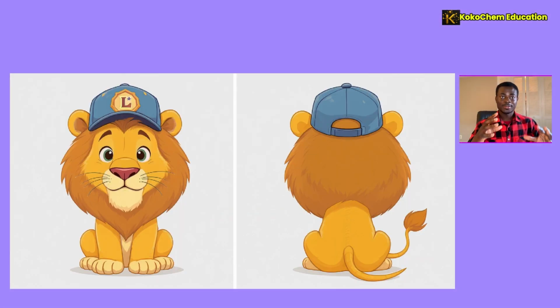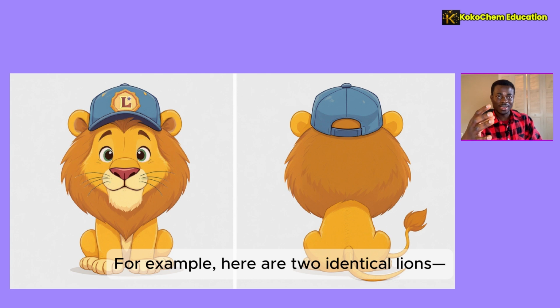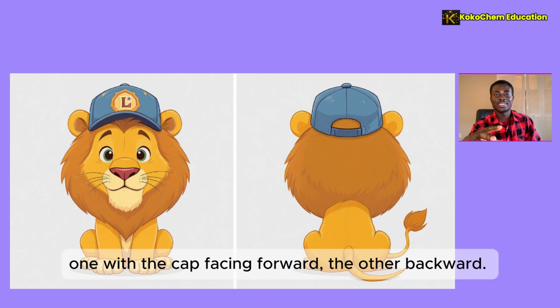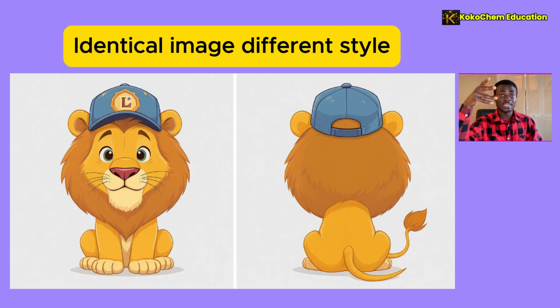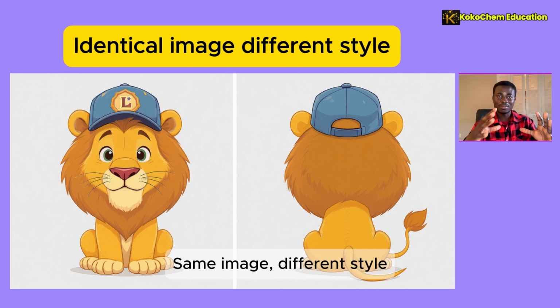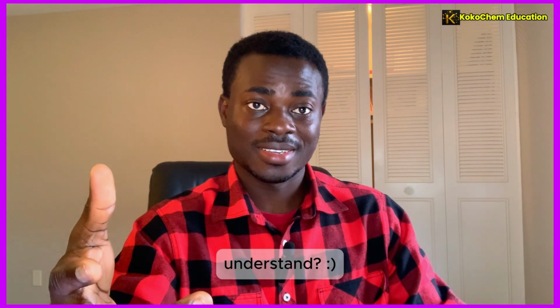For illustration, look at the identical image of a lion. The key difference is that in one image the lion's back is facing forward, and in the other the face is forward. It is the same lion but a different style of dressing.